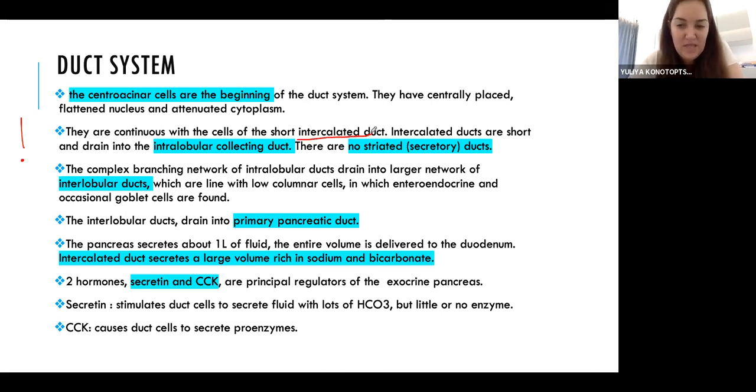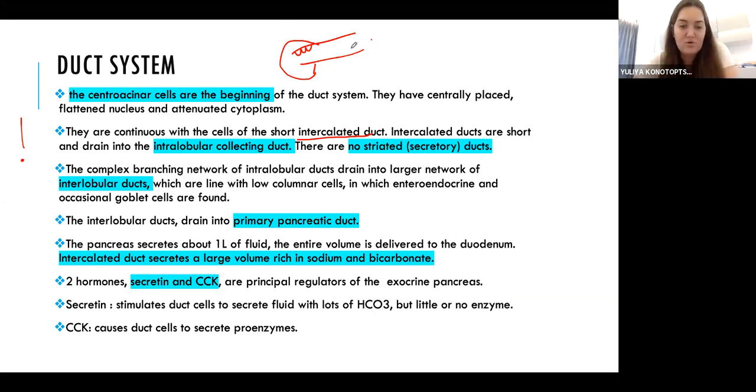And you remember that this intercalated duct begins within the acinus, inside of it, right? That portion is lined by the centroacinar cells. So again, we have the acinus, and the intercalated duct begins in the acinus, with this portion lined by the centroacinar cells.